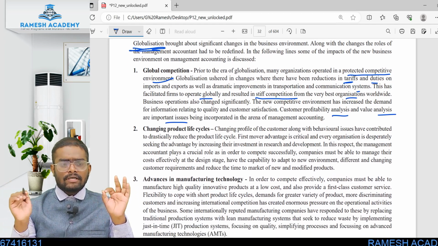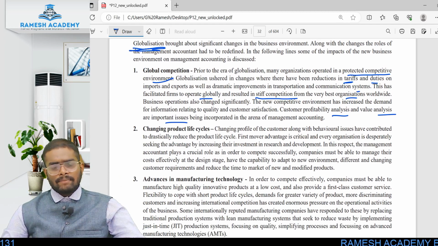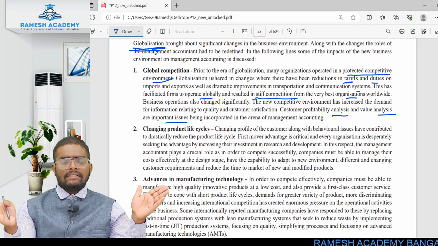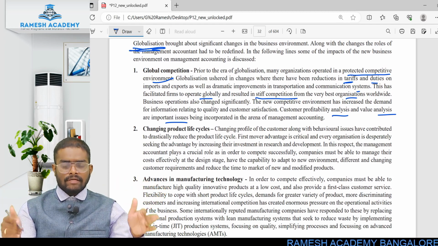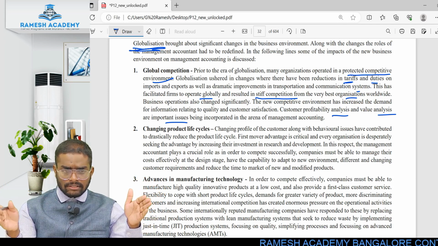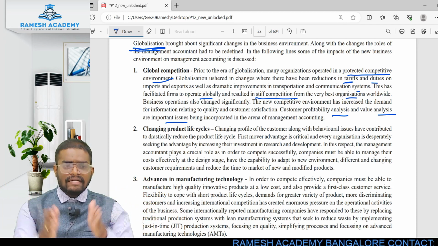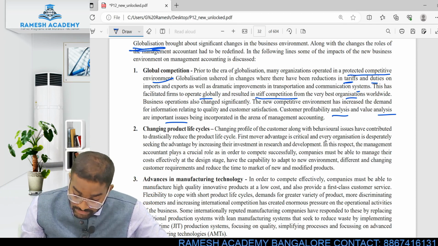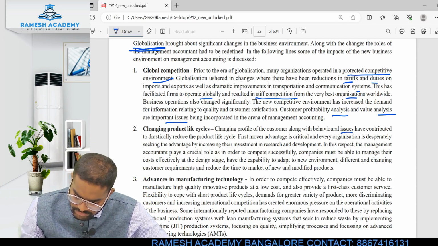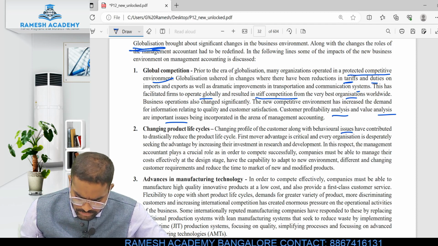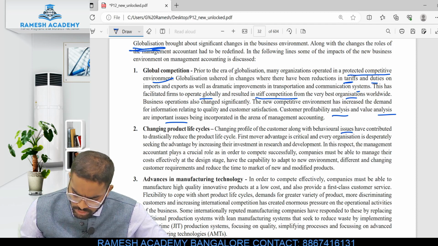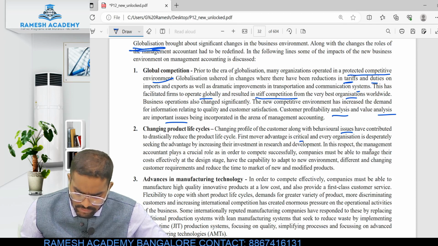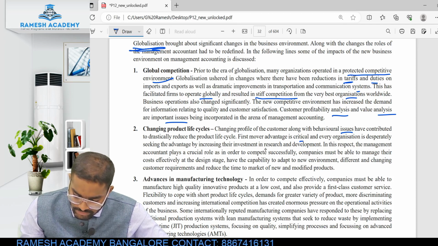Next, changing product life cycle. Earlier we had a big, lengthy product life cycle. Now with the advent of technology we have condensed the processes. Changing profile of a customer along with behavioral issues have contributed to drastically reducing the product life cycle. First mover advantage is critical, and every organization is desperately seeking the advantage by increasing their investment in research and development.